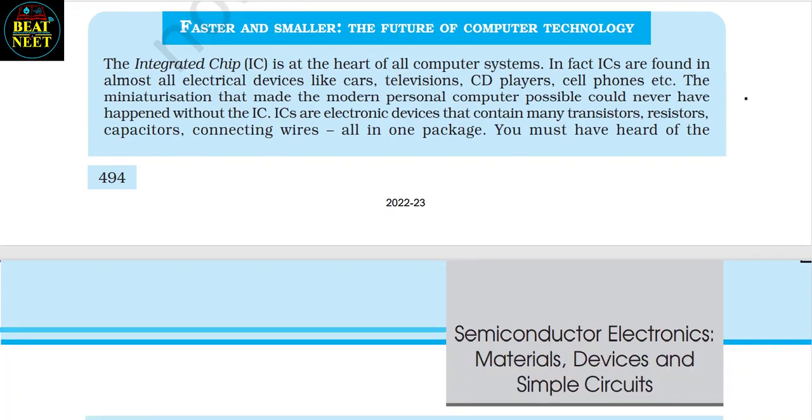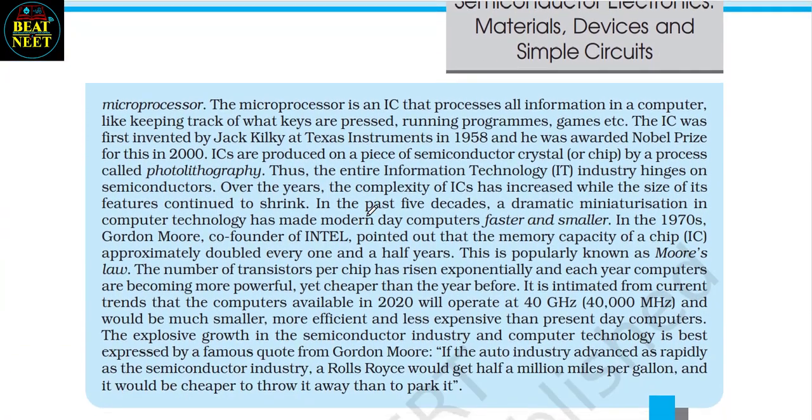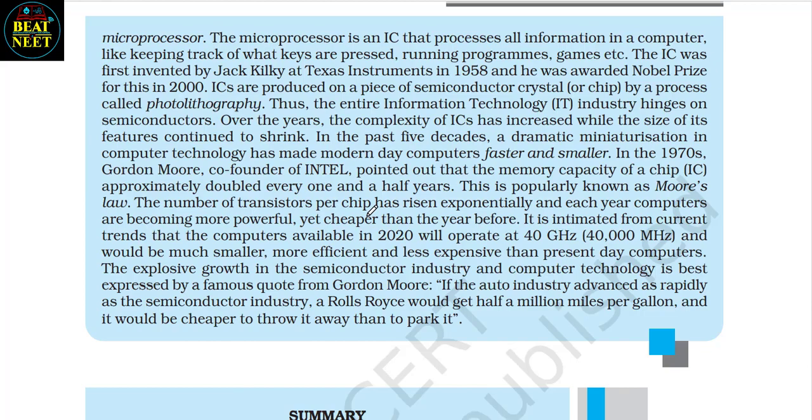You must have heard of the microprocessor. Microprocessor is an IC that processes all information in computer like keeping track of what keys are pressed, running programs, games, etc. The IC was first invented by Jack Kilby at Texas Instruments in 1958 and he was awarded Nobel Prize for this in 2000.